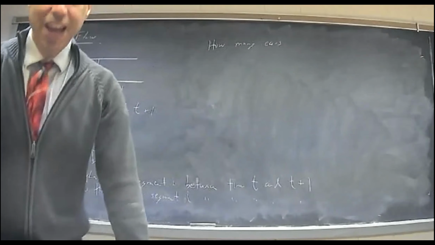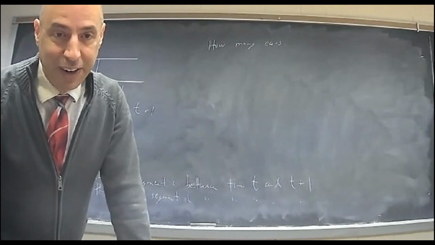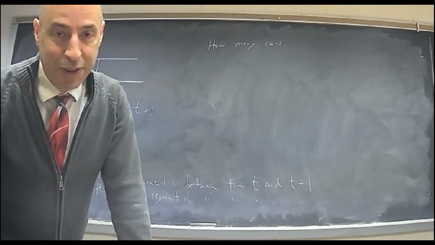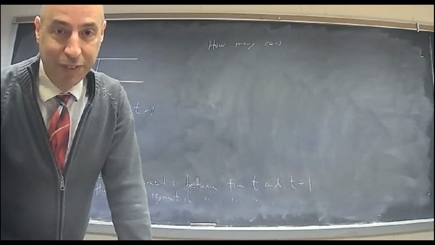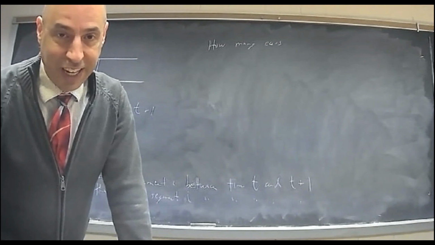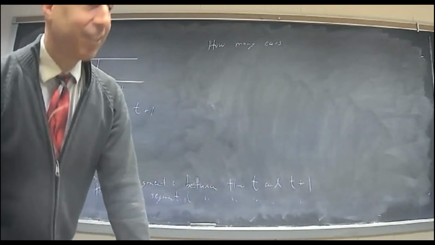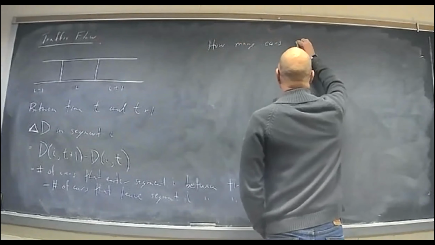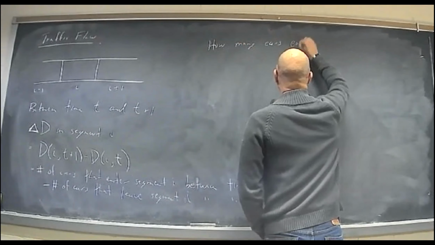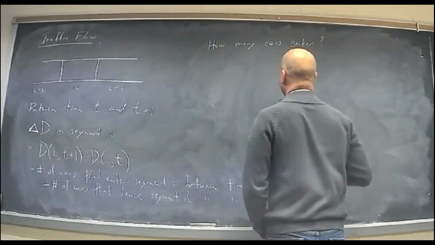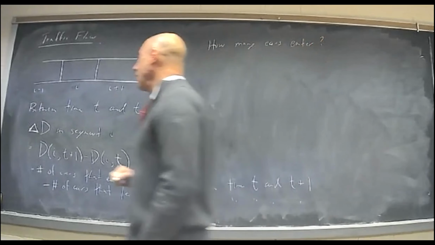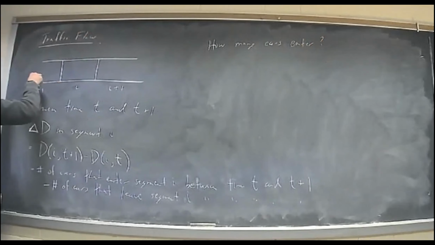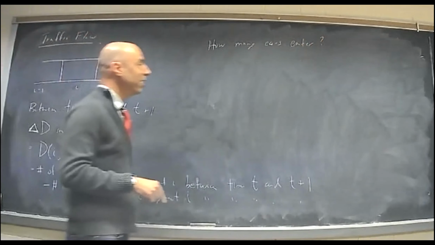Yeah, if everything's moving at 60 miles per hour, then it's exactly what you just said, the number in the previous cell, because all those cars are going to enter. Okay. So how many cars enter? Again, we're going to be looking at the previous cell, just like you said.